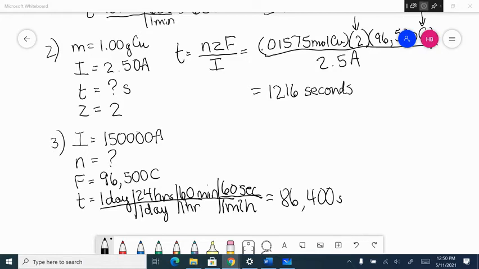So I'm going to rearrange my equation to solve for N again. Just plug in what's given to us.